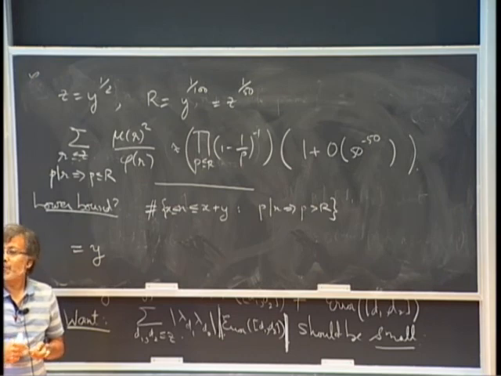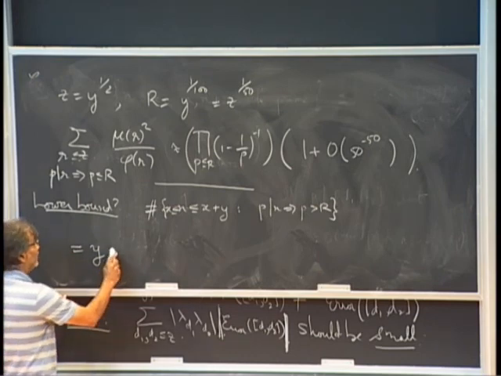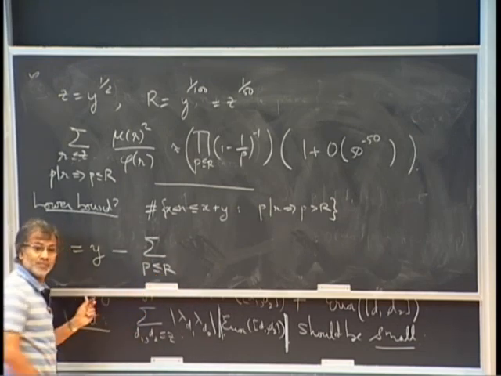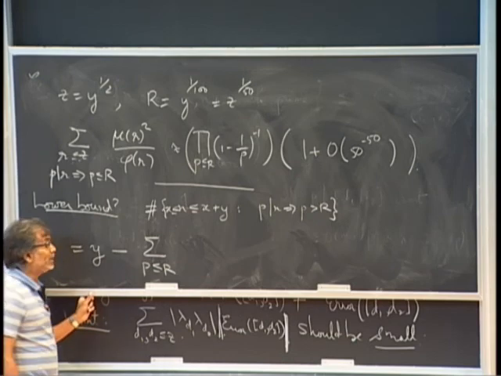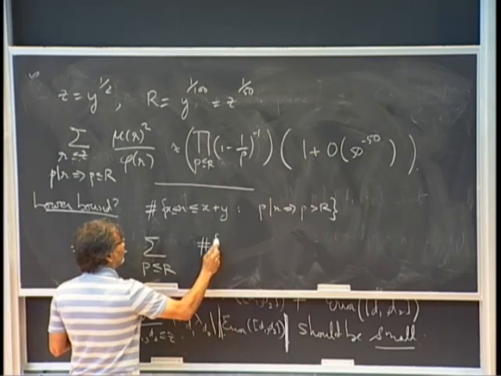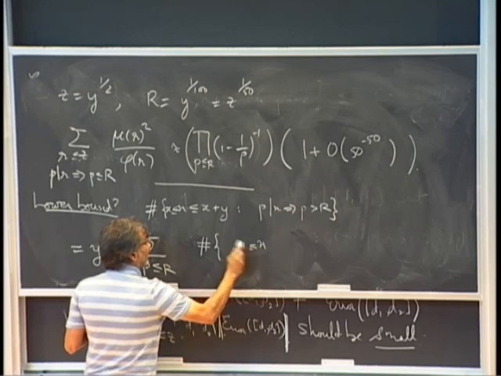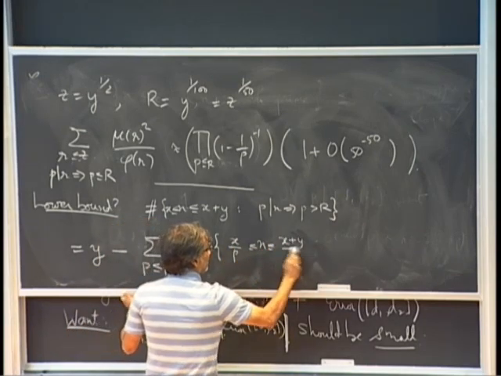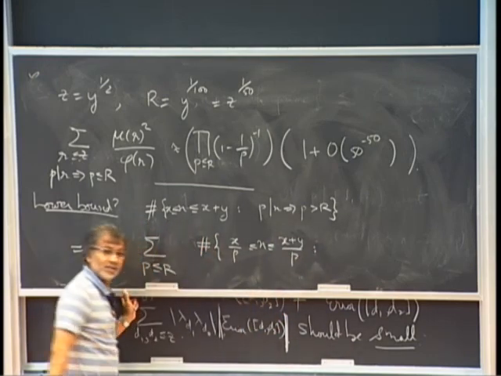Okay? So let me pick the smallest prime factor that this number has. So it will be a sum over primes p that are less than r, right? And then I will be counting, so n must be a multiple of p. There will be the number of integers n between x over p and x plus y over p, right?